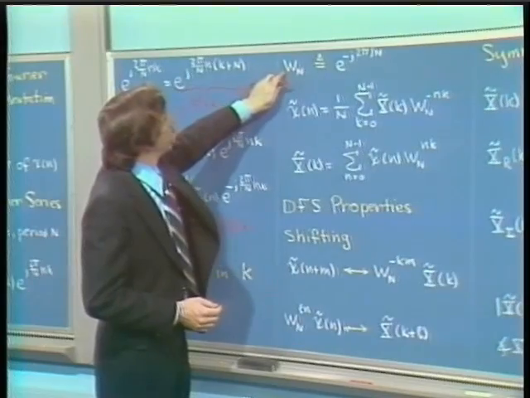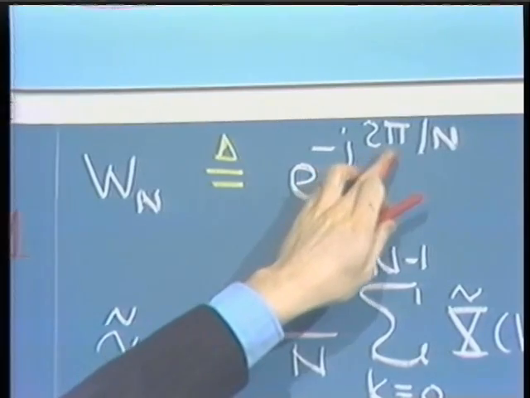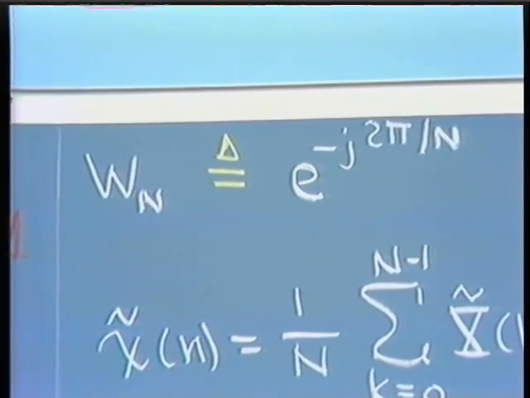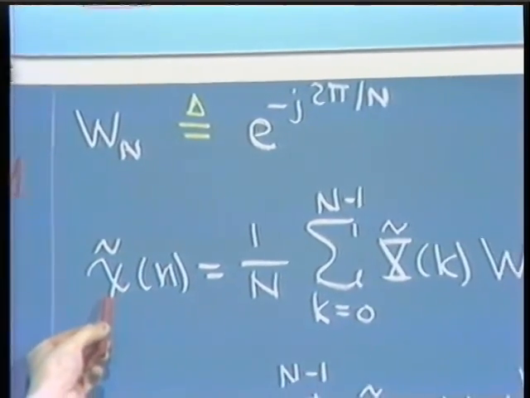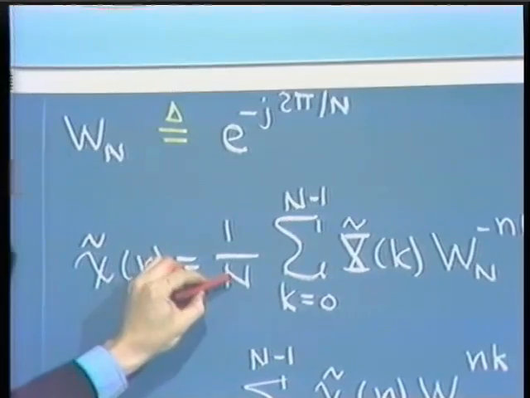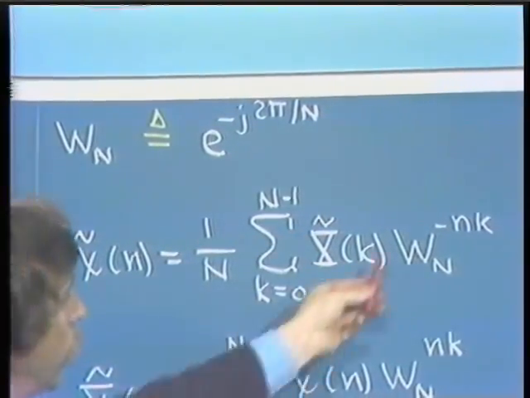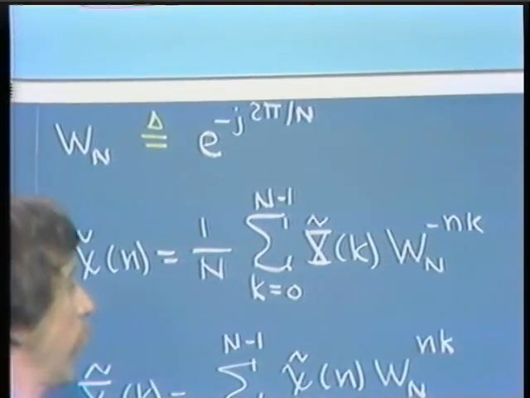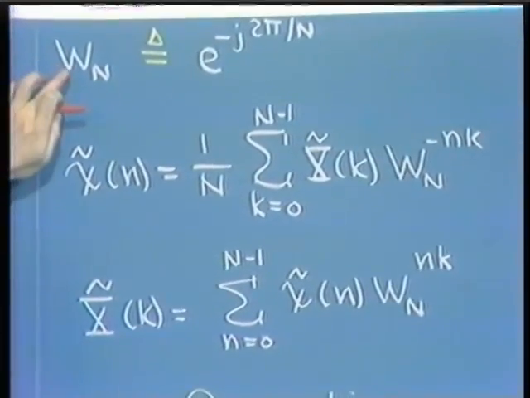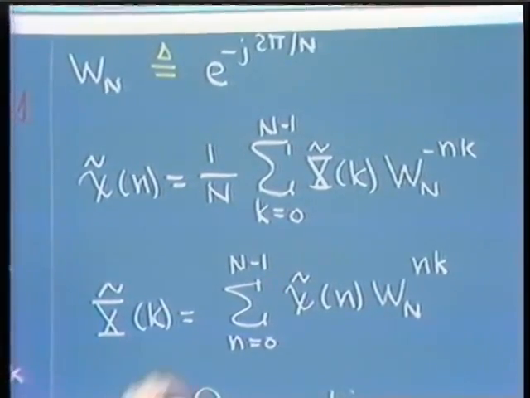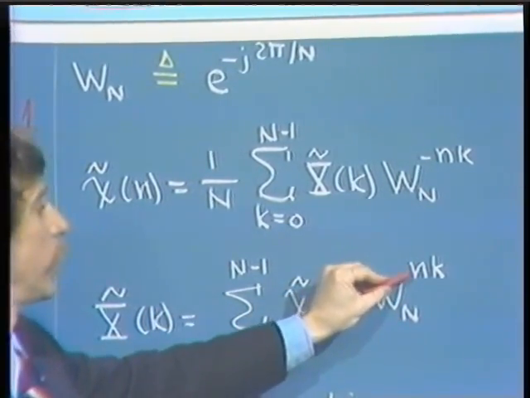Let me define W sub capital N as e to the minus j 2 pi over capital N. In that case, simply rewriting the Fourier series, we have x tilde of n is 1 over capital N, the sum of capital X tilde of k, W sub capital N to the minus nk, and the Fourier series coefficients expressed in terms of W sub capital N is the sum of x tilde of n, W sub capital N to the nk.